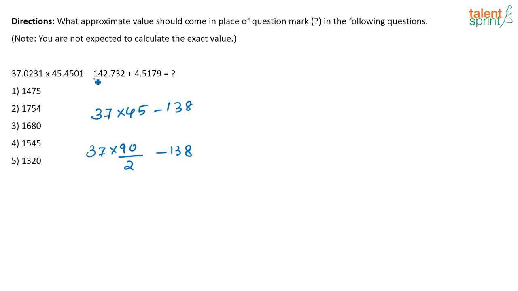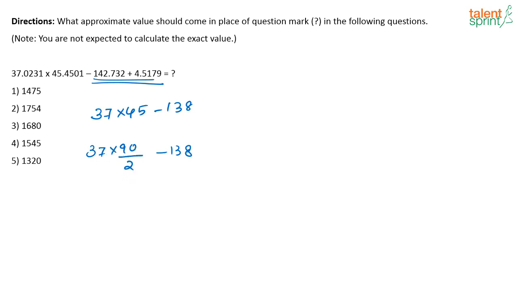See here. Now, I hope I didn't write that step explicitly. Here I have 142.7 minus 4, correct? So, sorry, 142.7 plus 4.5. So, approximately I have directly solved it, 142 and 4, and I have taken it as 138, okay? So, what will be the answer here? See, what is 37 into 90 by 2?